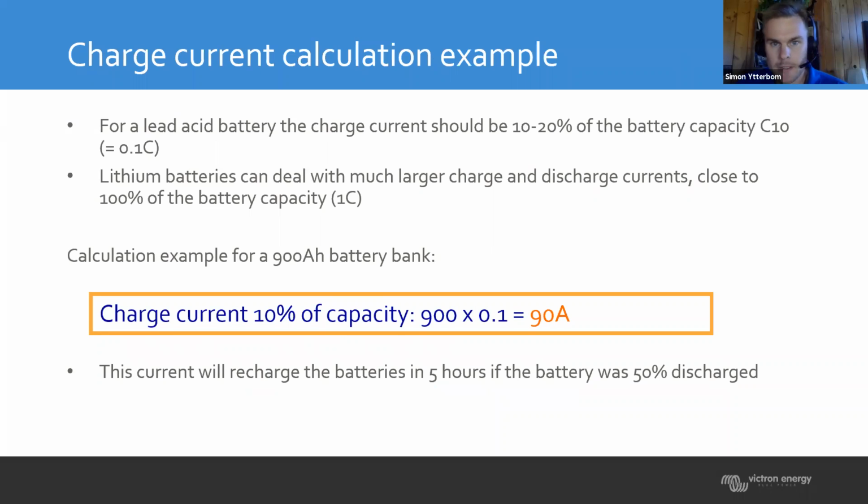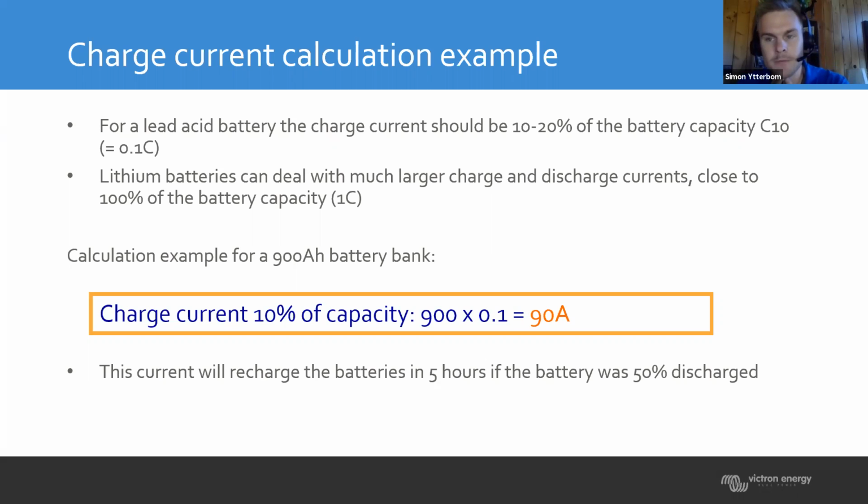Something else to consider for the battery is how fast we can charge the battery. If we're looking at lead batteries, flooded or AGM, they can vary quite a lot depending on the manufacturer, on how fast we can safely charge these batteries without overheating them. A flooded battery is around 10% of its capacity, so a 100 amp hour battery would like to charge around 10 amps with the charger.